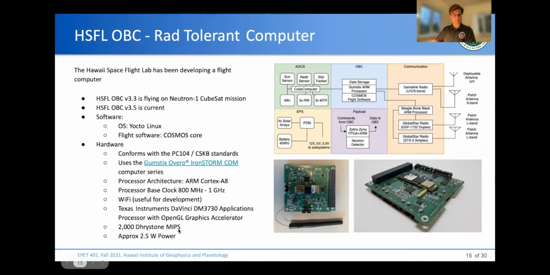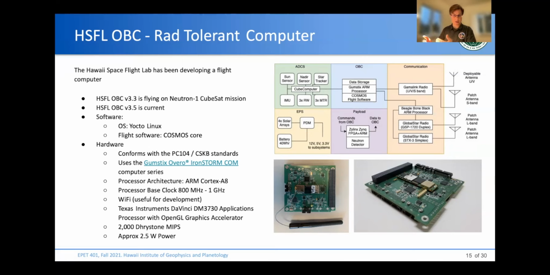And just to mention, this computer is capable of about 2000 MIPS, or Dhrystone MIPS. This is the measure of how capable the computer is. So millions of instructions per second.